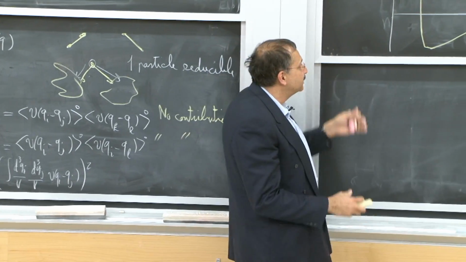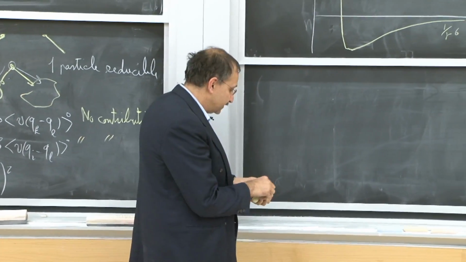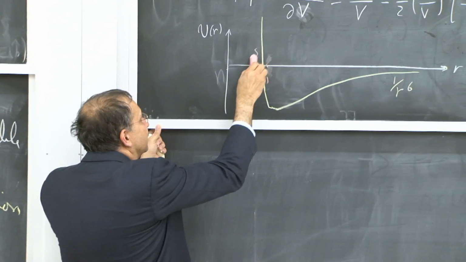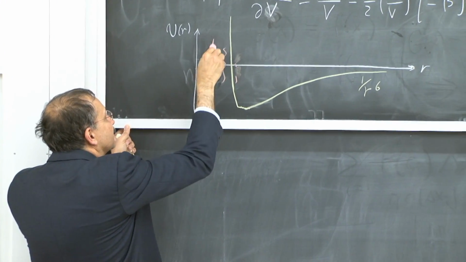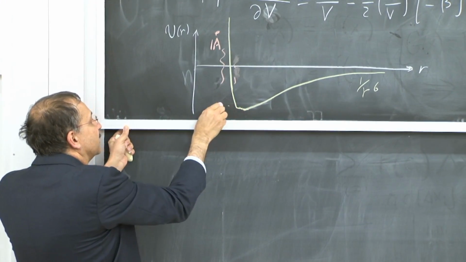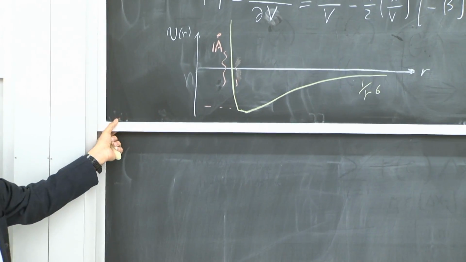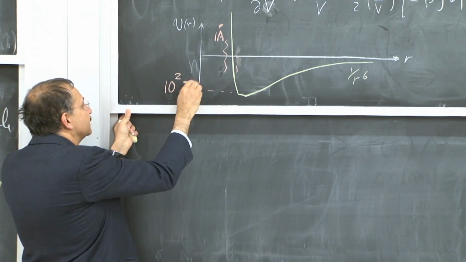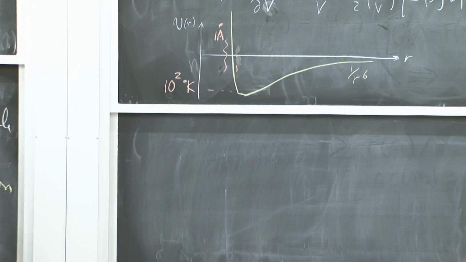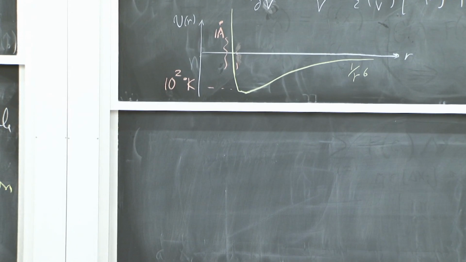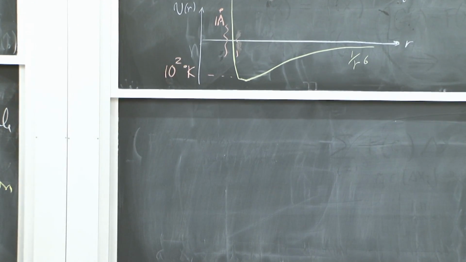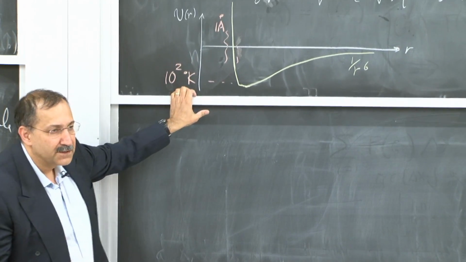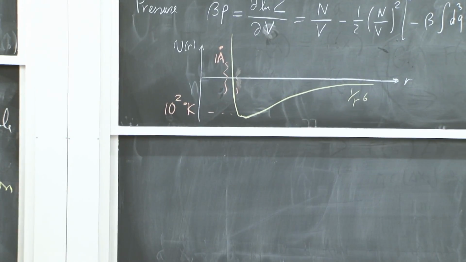If you want to think about numbers, typical scales here are presumably of the order of angstroms. And the typical depths of these potentials, in units that make sense to statistical physics, are of the order of 100 degrees Kelvin. Okay? So that's why typical gases liquefy at a range of temperatures of the order of 100 degrees Kelvin.